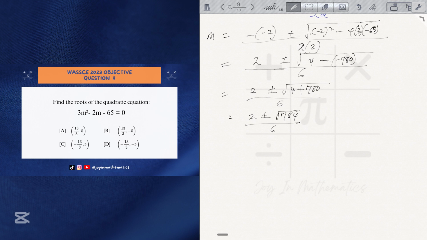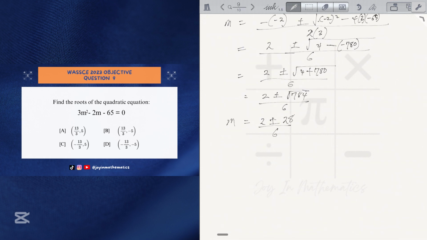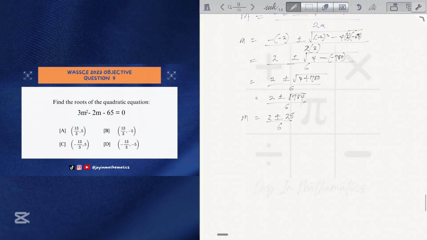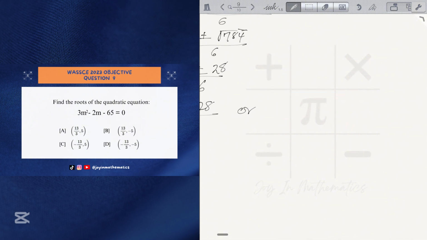Now with 784, if we use our calculator, or if we are used to the figures or the tables, we'll understand that the square root of 784 is 28. So we have 2 plus or minus 28 divided by 6. With this plus or minus, we will have two values of m. m can be equal to 2 plus 28 divided by 6, and m can also be equal to 2 minus 28 divided by 6.